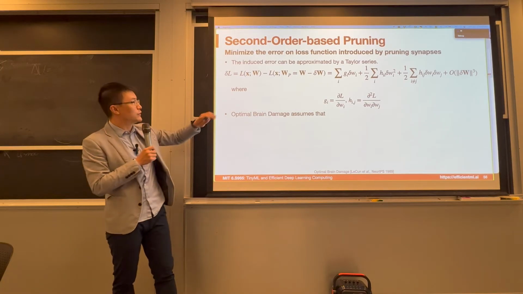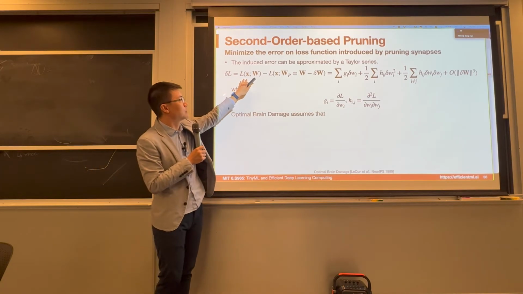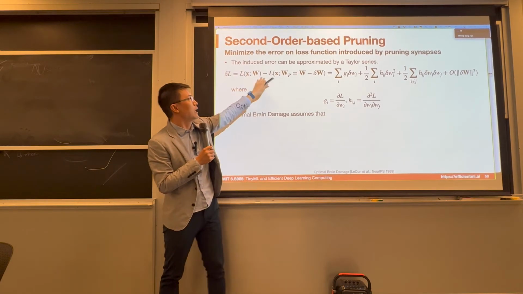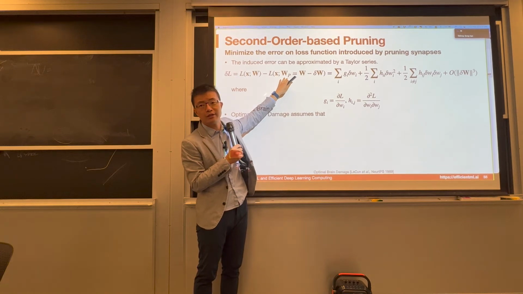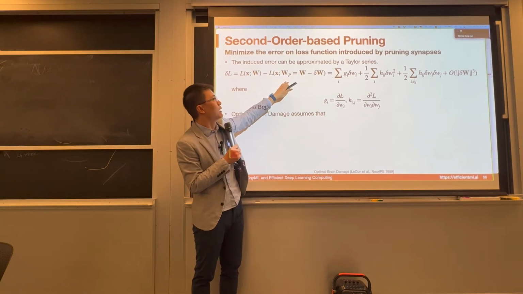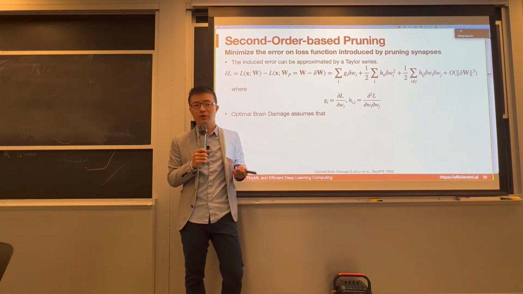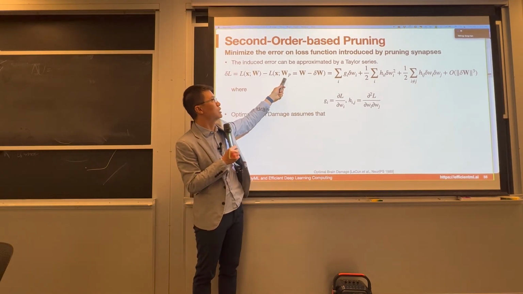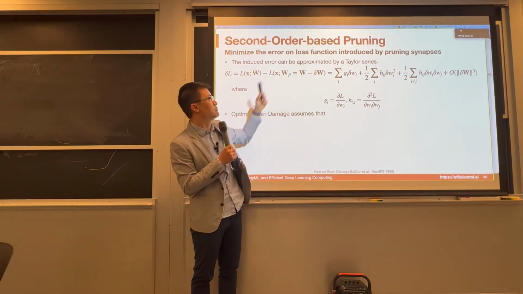Originally the loss is based on W and an input X. Now we changed the weight by delta, since some of the weights are pruned to be 0. So we perturb the weights, and it becomes WP.